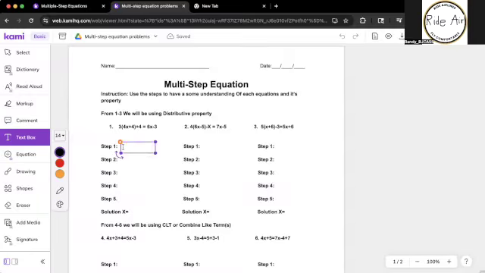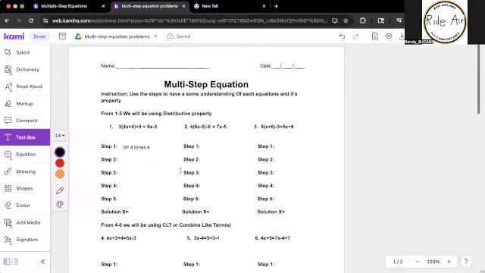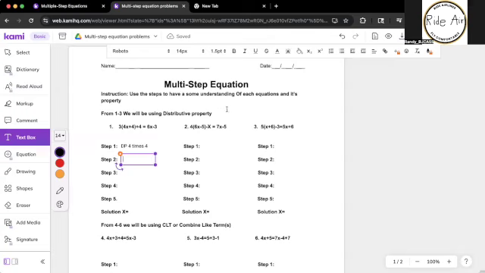Now for step 1, we distribute 4 times 4. That's the first step that you have to do. Now the next step is to combine like terms, CLT, 4 plus 4.